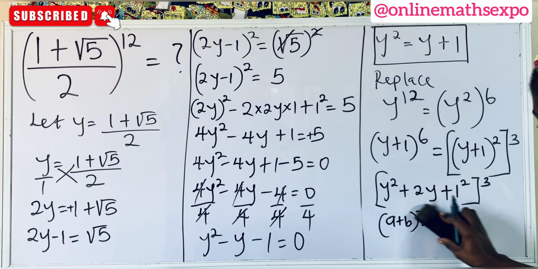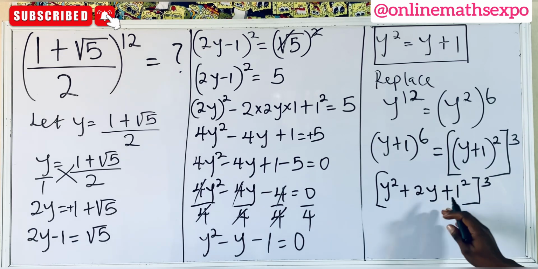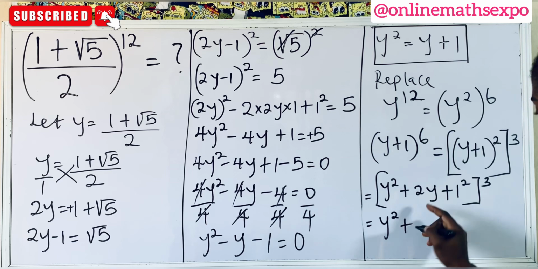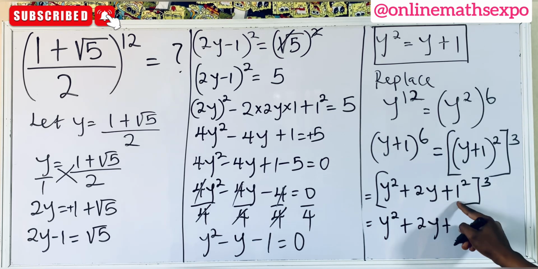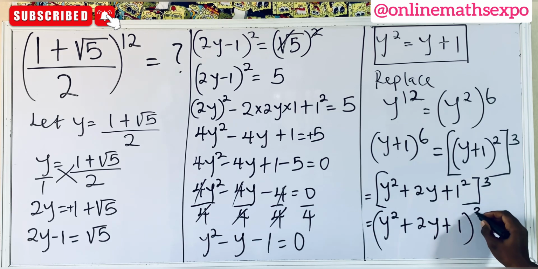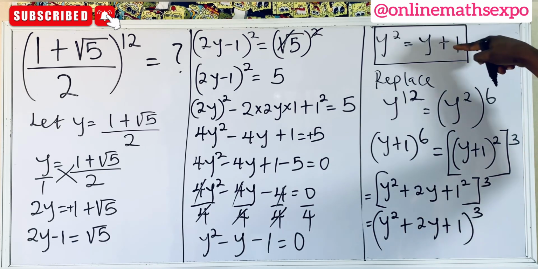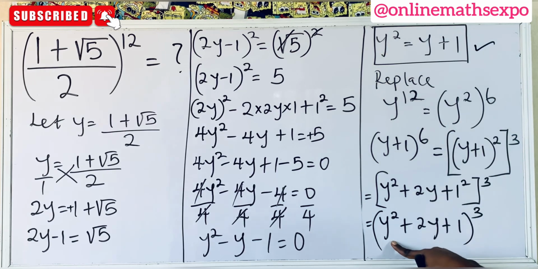So what do you do now? At this point, we now have, simplify this, y squared plus 2y. 1 squared is 1 times 1 to give us 1, and everything is raised to the power of 3. So what do you do next? You see, we are still reducing. Remember, this is a guide, okay? So you see we have gotten another y squared.